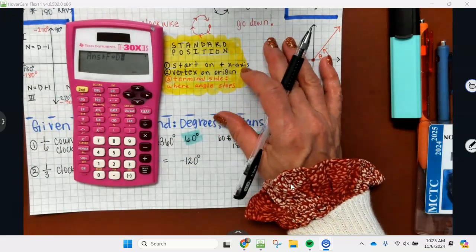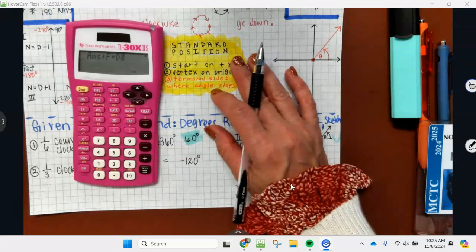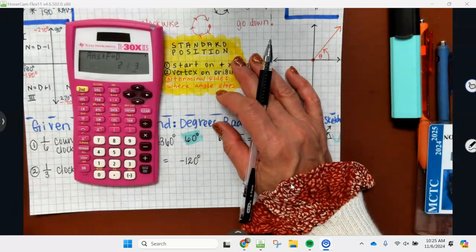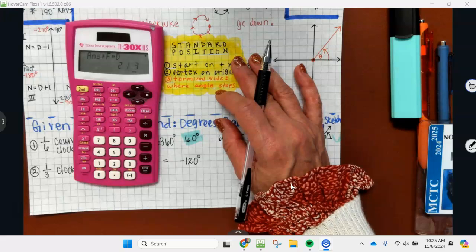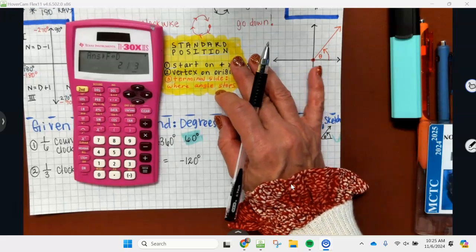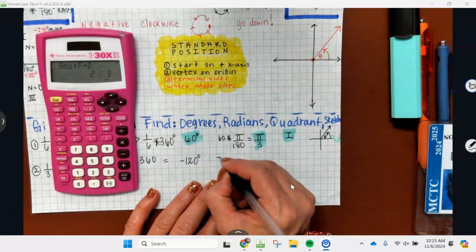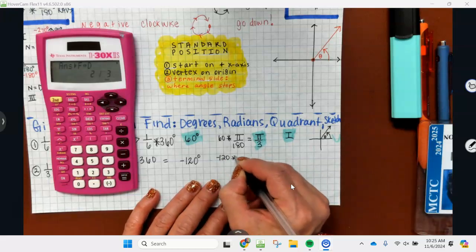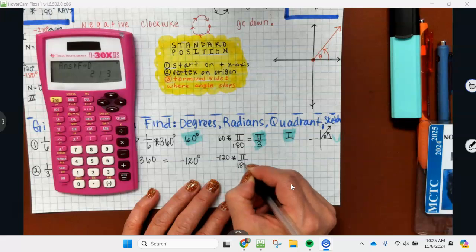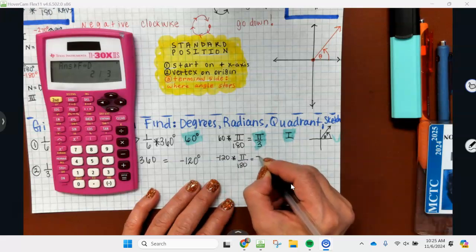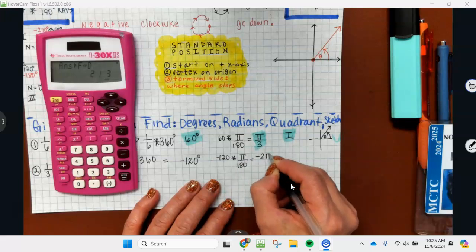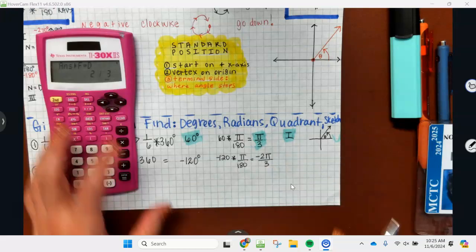Did FD come up? Then hit enter. There you go. We'll do that one more time if you didn't catch it. Just remember it's negative. So negative 120 times pi over 180 is negative 2 pi over 3.